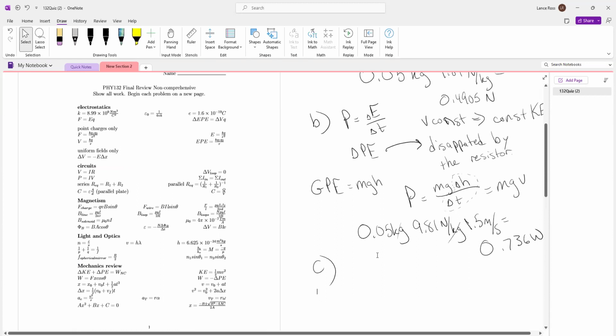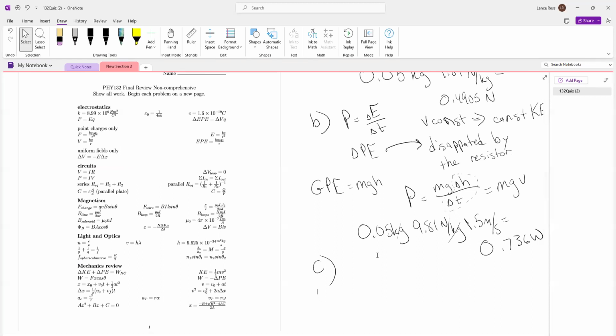Well, since we have the power now, and we know that power is going to be dissipated by the resistor, we can use our electrical power to find the current. So power is current times voltage. We don't know the voltage, but we do know the resistance, and we know that V is IR. So let's substitute that in for our voltage.